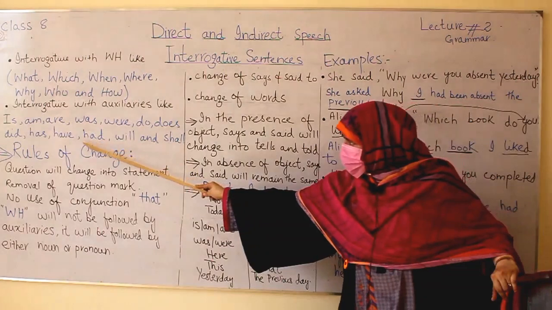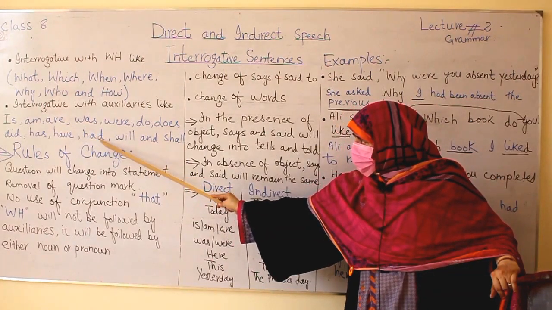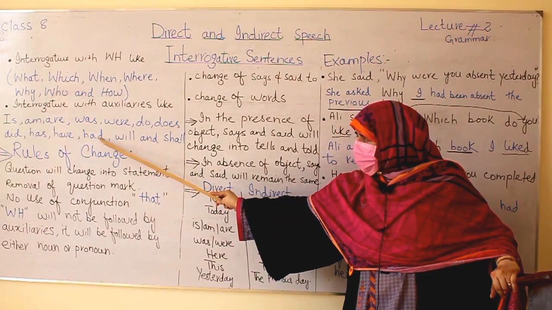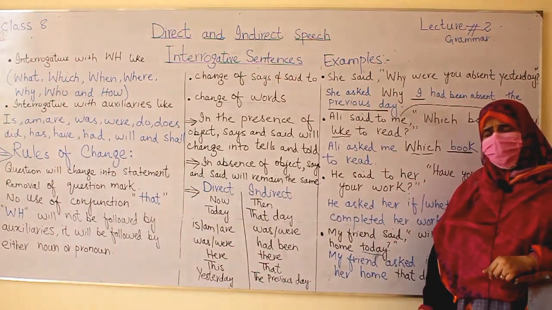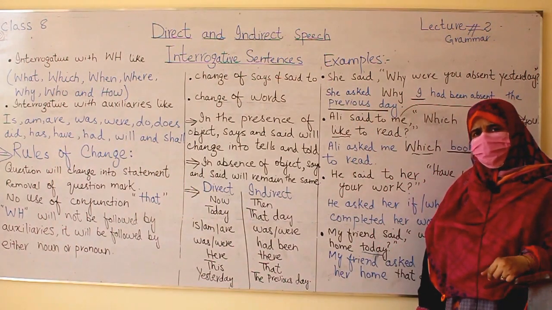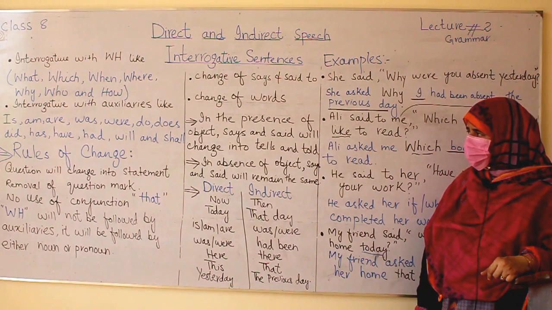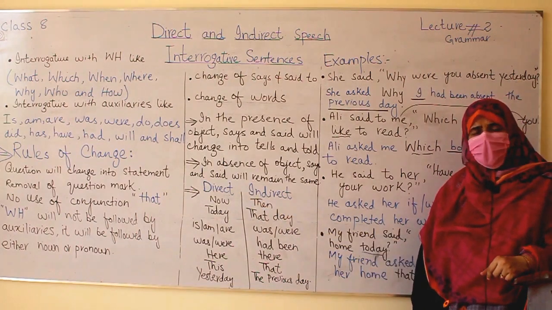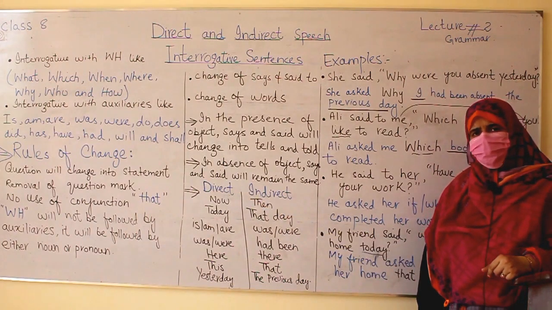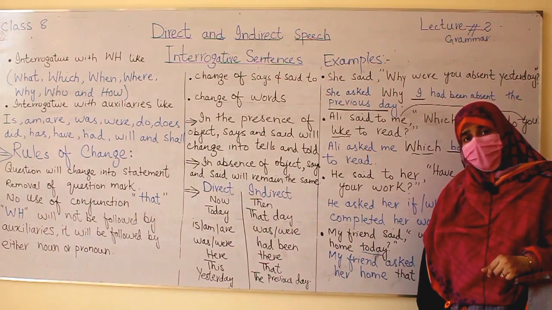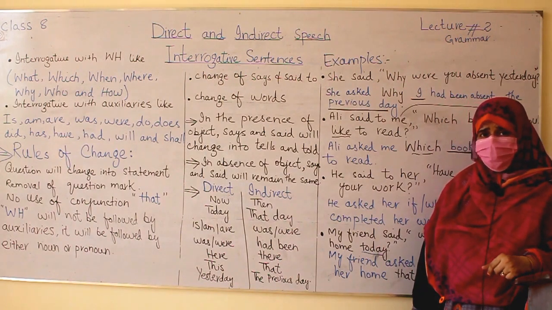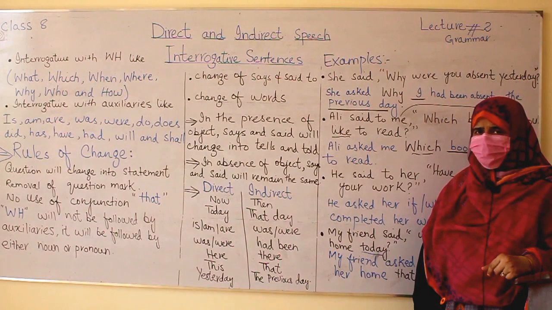For have we have already done. Now we are going to talk about had. Had it been raining since morning? They said, had it been raining since morning? They asked if it had been raining since morning.